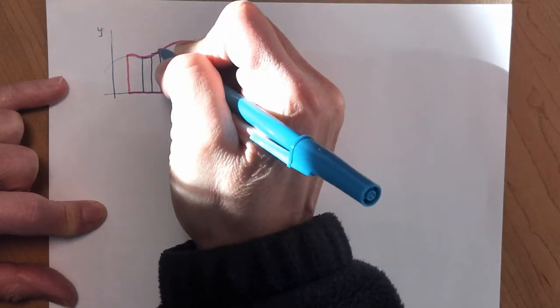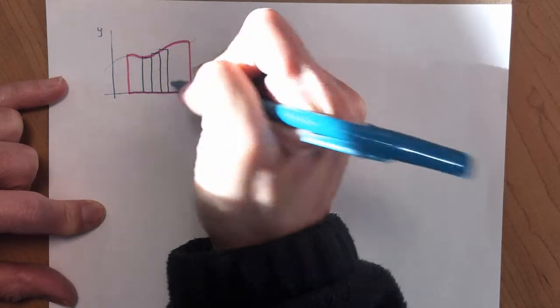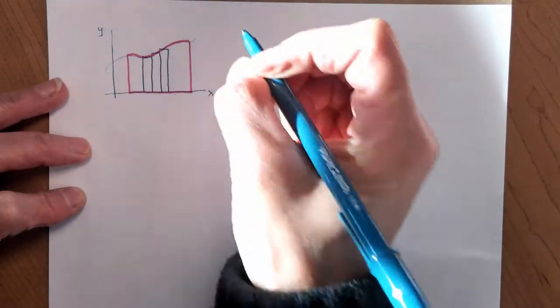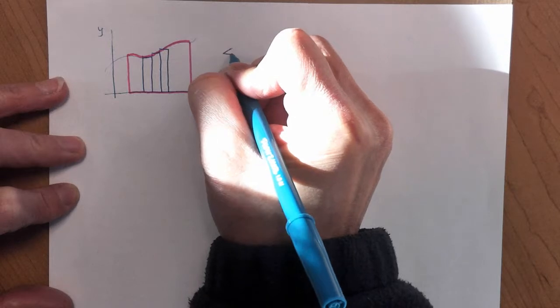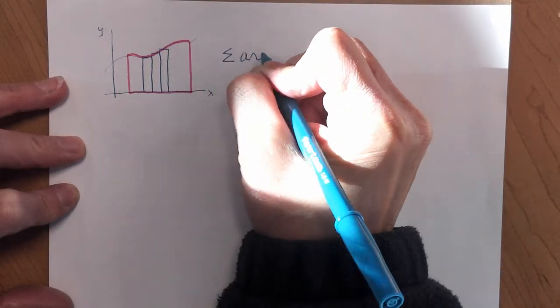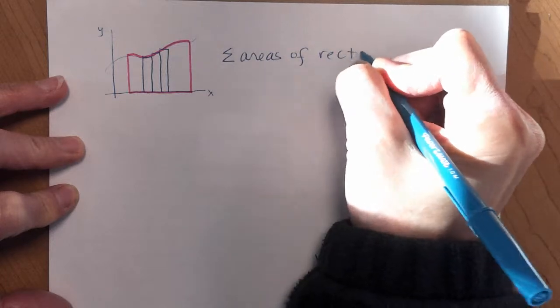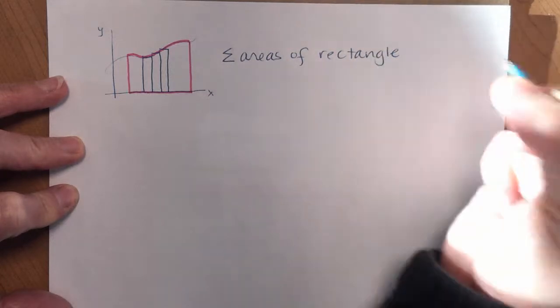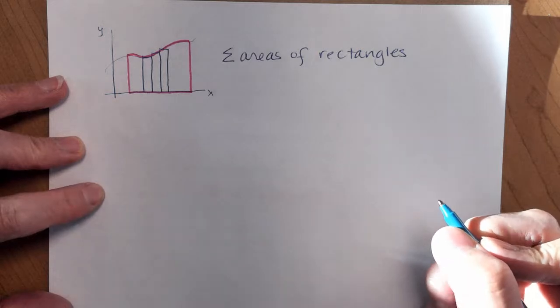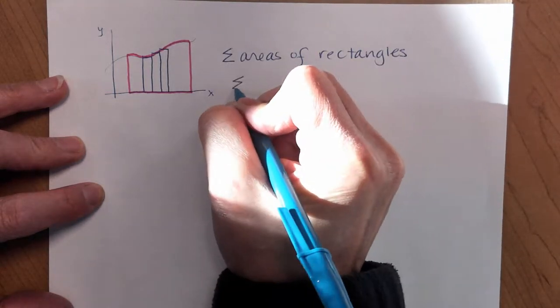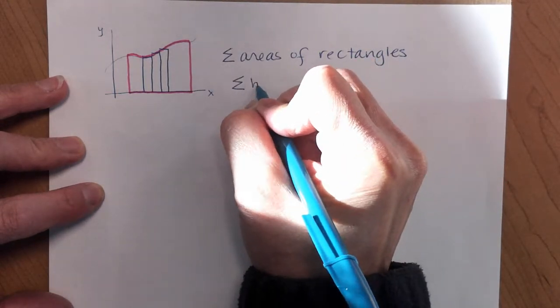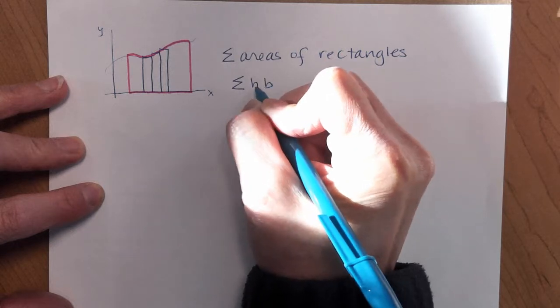And then we're going to add up the areas of all of those rectangles. The area of each rectangle has a height and a base.